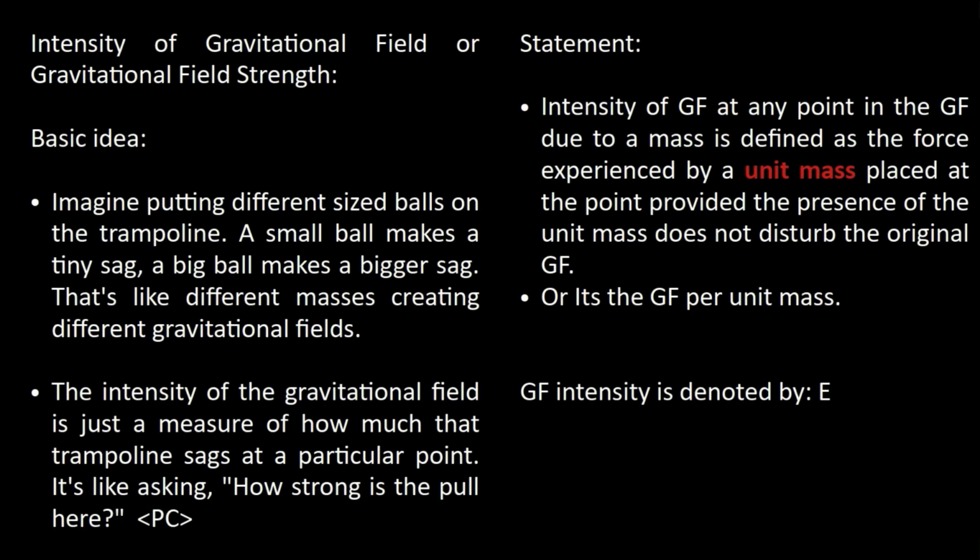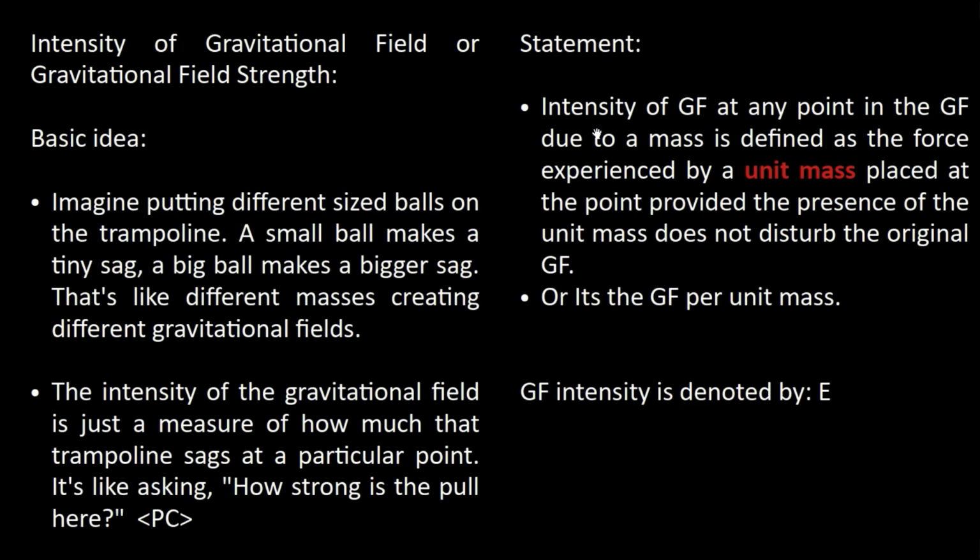So what we're looking at is the intensity of gravitational field. Imagine putting different size balls on a trampoline. The small ball makes a tiny sag and a big ball makes a bigger sag. That's like different mass creating different gravitational field. The intensity of gravitational field is just a measure of how much the trampoline sags at a particular point. It's like asking how strong the pull is here.